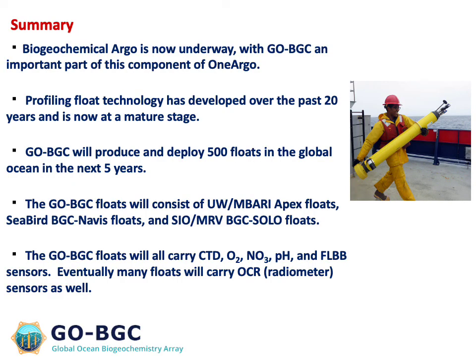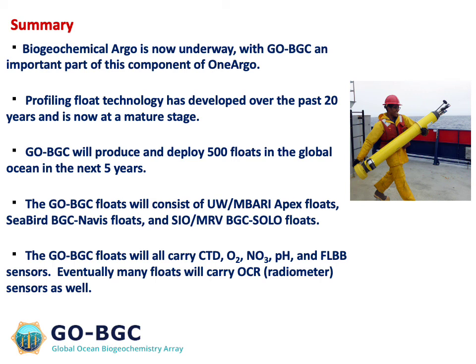So to summarize, BGC Argo is underway, and GO-BGC is a real beginning towards BGC Argo. BGC Argo calls for 1,000 BGC floats with 5 or 6 sensors in the world ocean, and thanks to the National Science Foundation through GO-BGC, we're going to be able to supply 500, or half, of those.